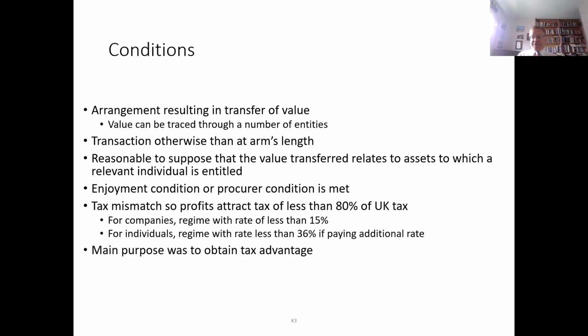Then there is a tax mismatch, so profits attract tax of less than 80% of UK tax. And therefore, if the main purpose was to obtain a tax advantage, particularly in the BVI, you're going to end up with diverted profits. Any questions on that basis?